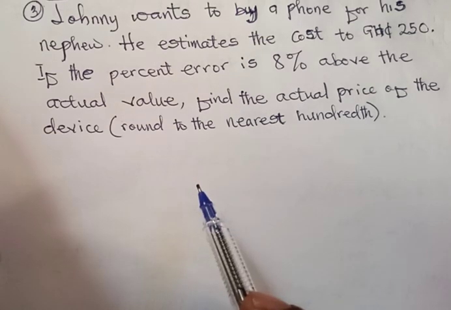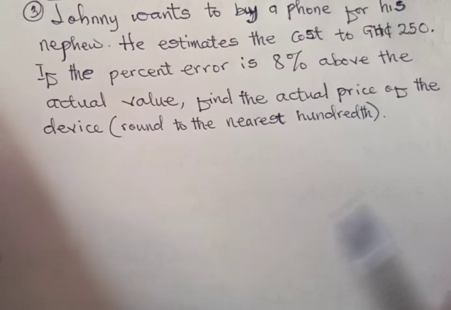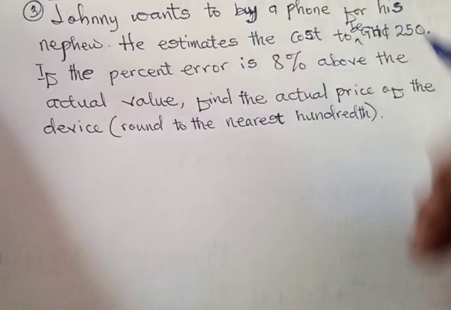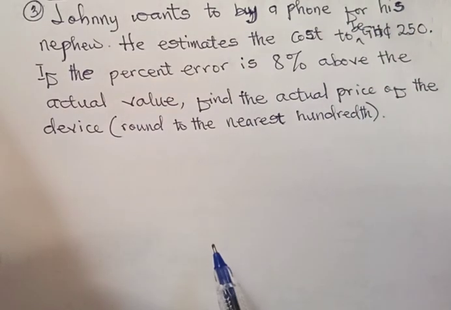He estimates the cost to be 250 Ghana cedis if the percent error is 8% above the actual value. Find the actual price of the phone, and we are to round to the nearest hundredth.